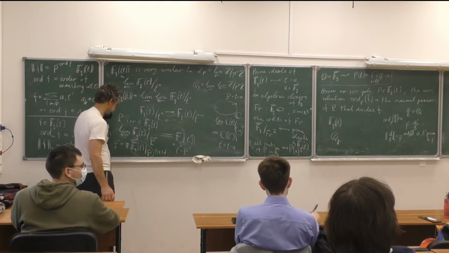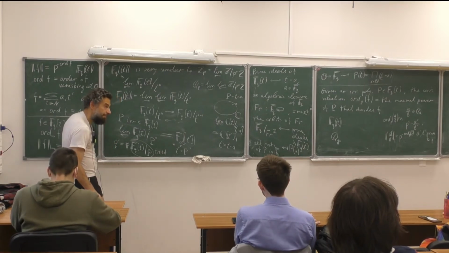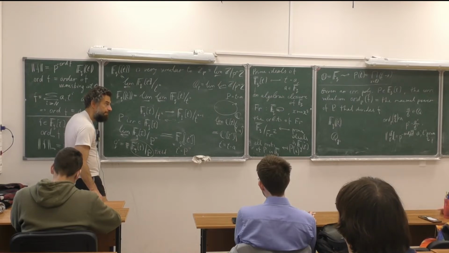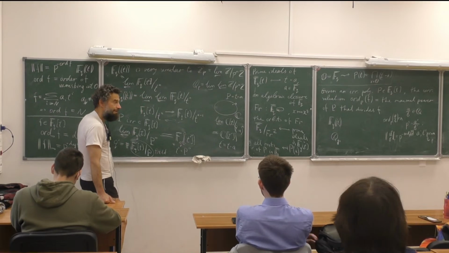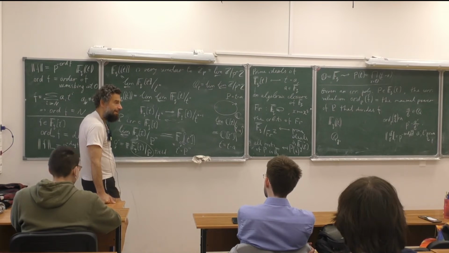Yes? Reducible polynomial, we would also like to see it as an affine variety. What do you want to see as an affine variety? I mean, by reducible polynomial, we look at the solutions, right?